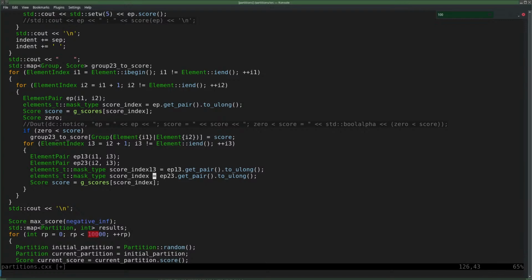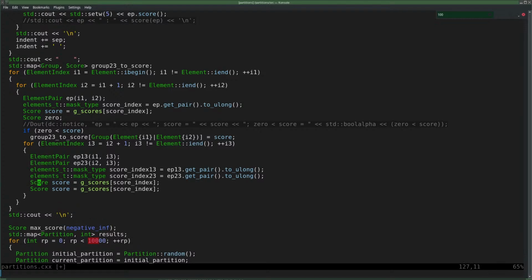This one's 13 and 23. And then we get a score for both 13 and 23.